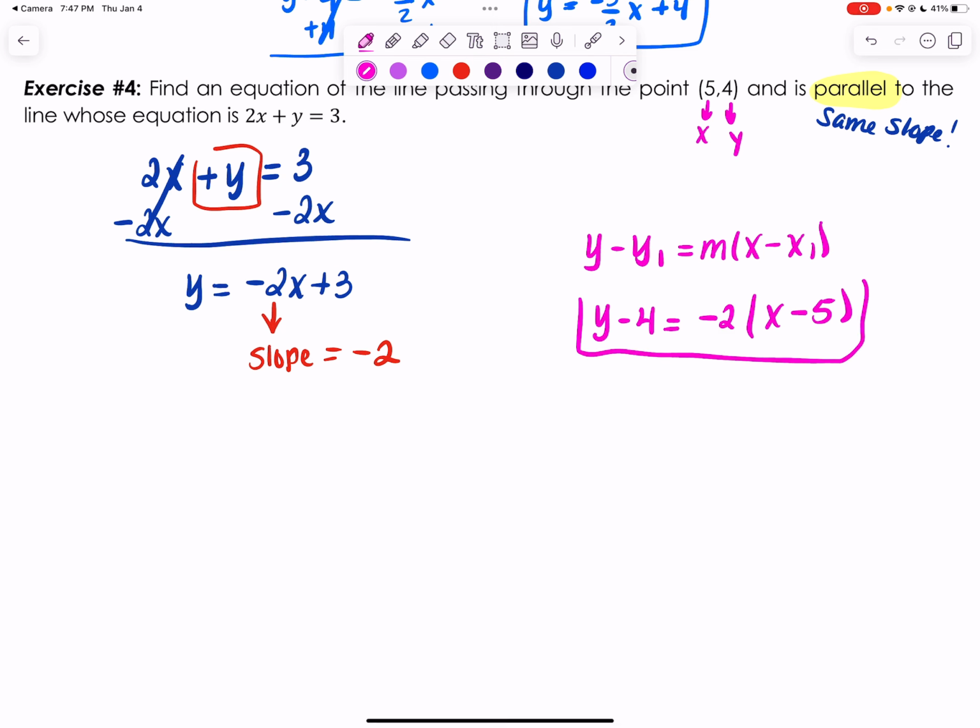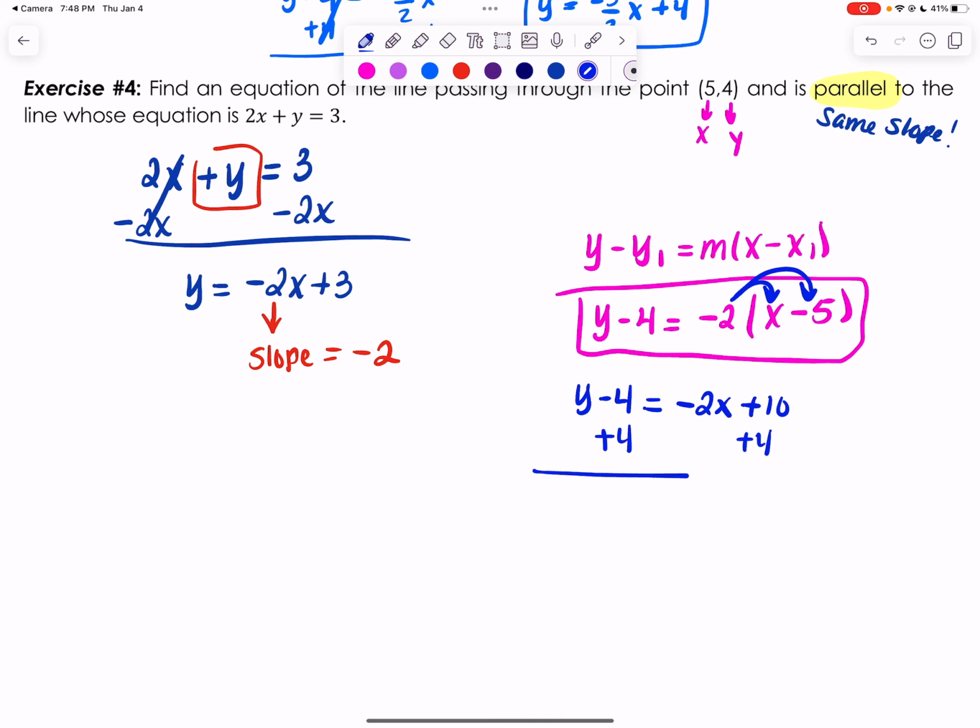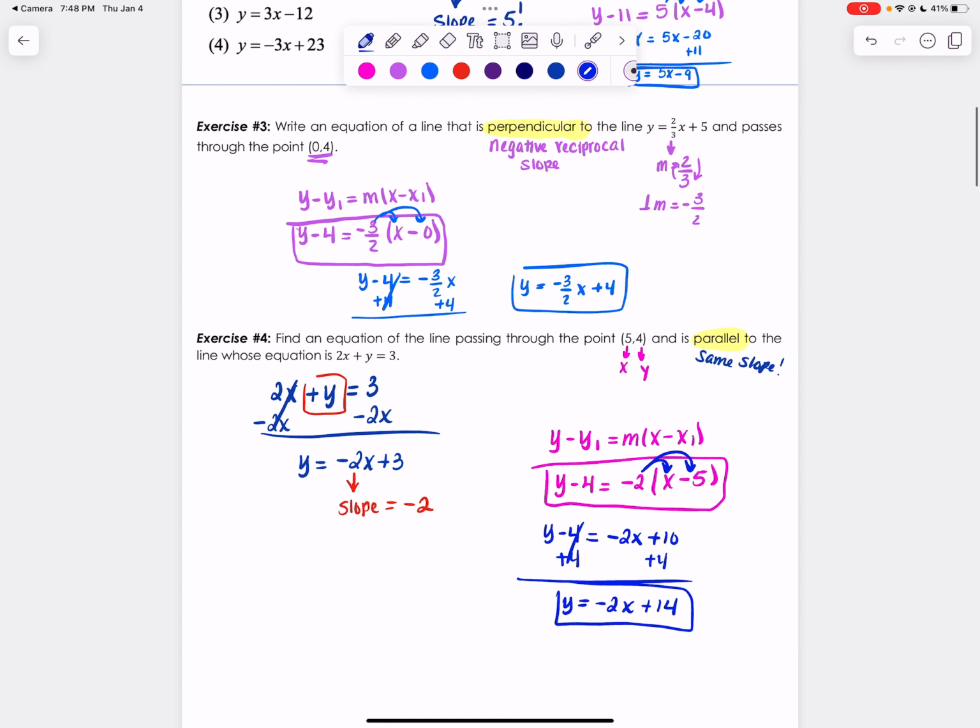If you want, you could distribute. Get y minus 4 equals negative 2x plus 10. And then we add 4, and then we get y equals negative 2x plus 14. Both equations mean the exact same thing. They're just written a little differently.